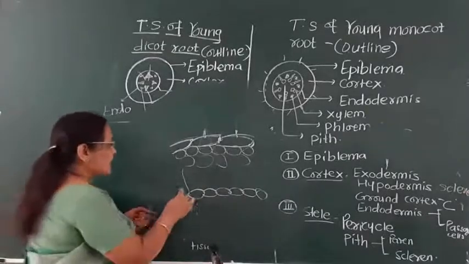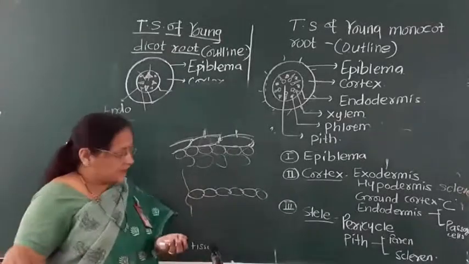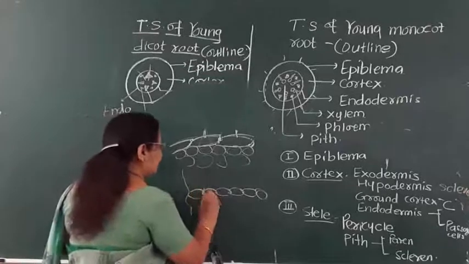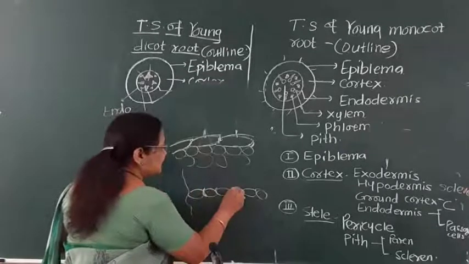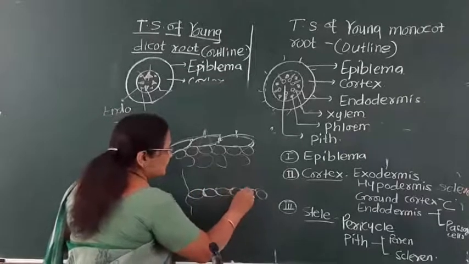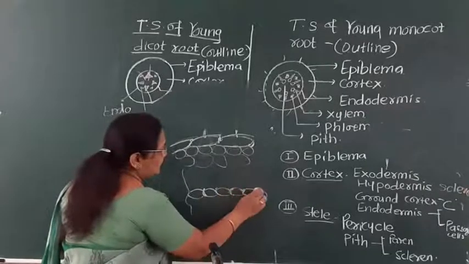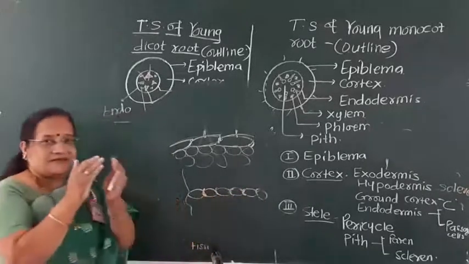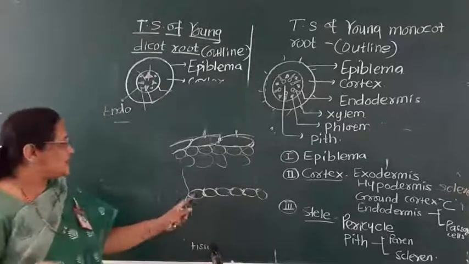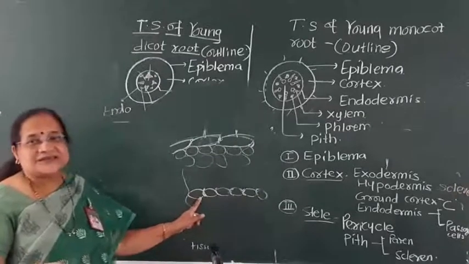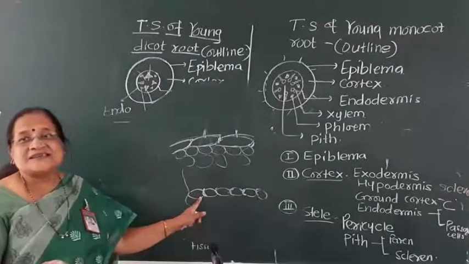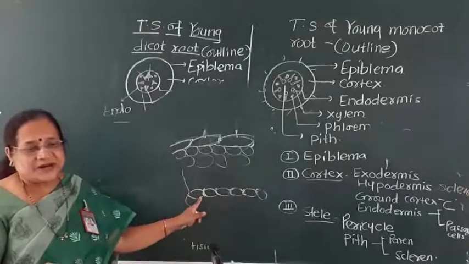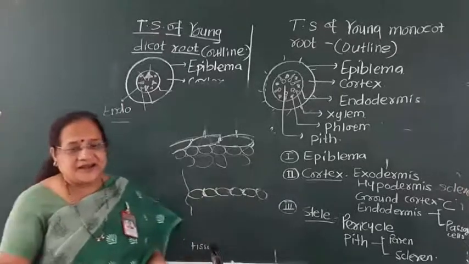In this part of the cortex, there is the presence of thickening, and this thickening is radially arranged. Means the unthickened areas are there, and only the radial part gets thickened, and these structures look C-shaped.